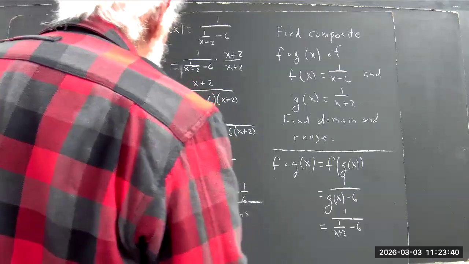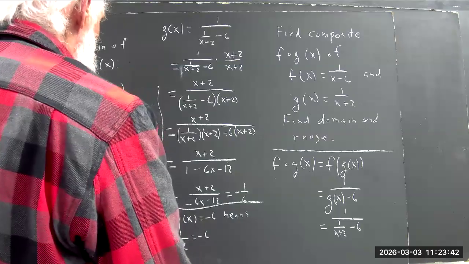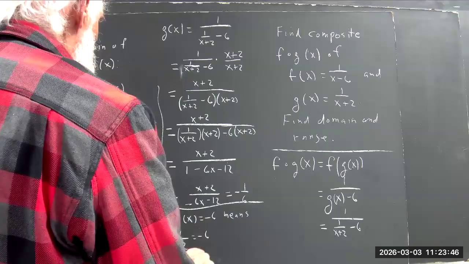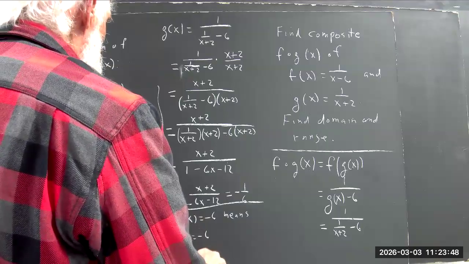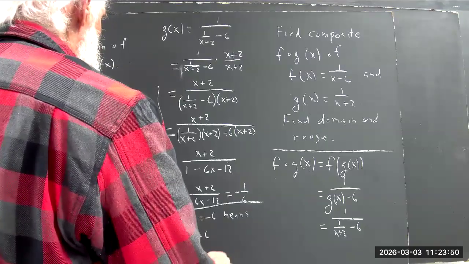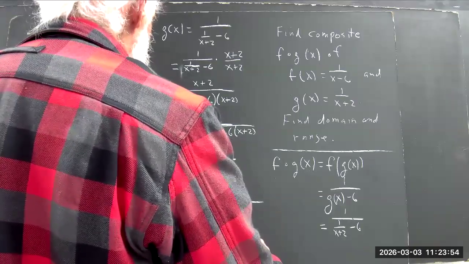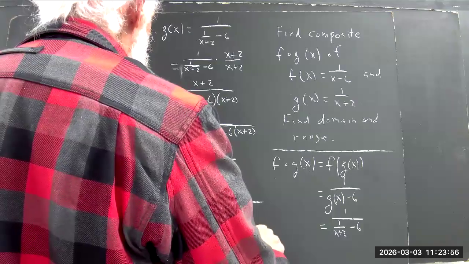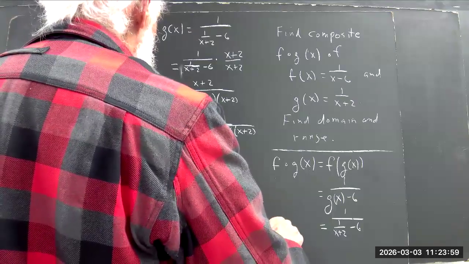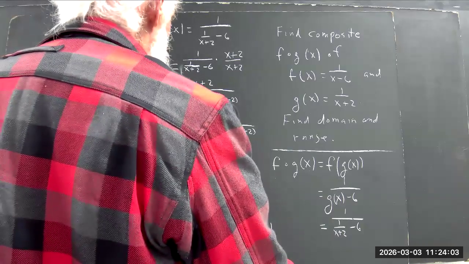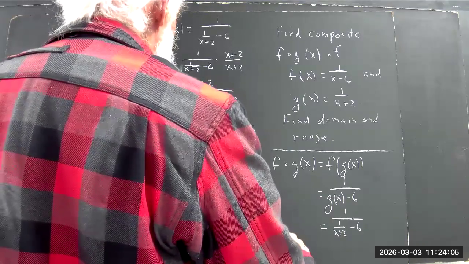If we multiply both sides by x plus 2, we get 1 equals 6 multiplied by x plus 2, which gives us 6x plus 12 equals 1, which gives us 6x equals negative 11.